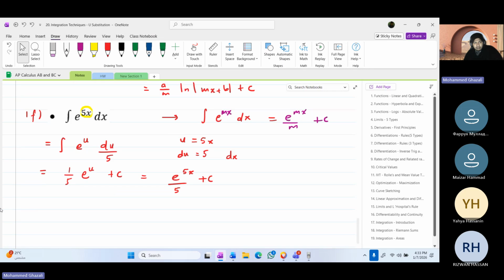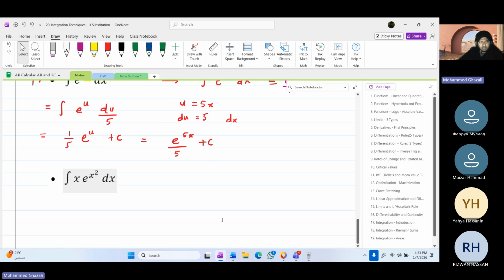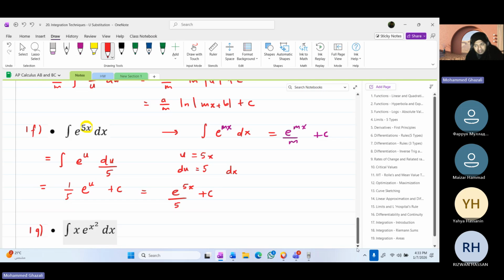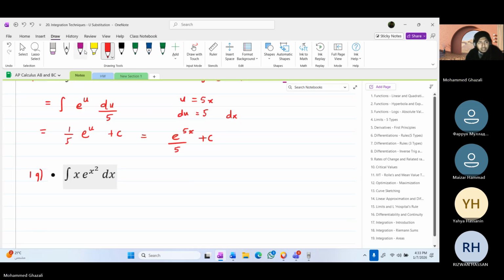It's an exponential form with another variable inside. So which means you have to use a u substitution. And most of the time in exponential form, when you have an e, you always try to make the power equal to u. So let u equal x squared.